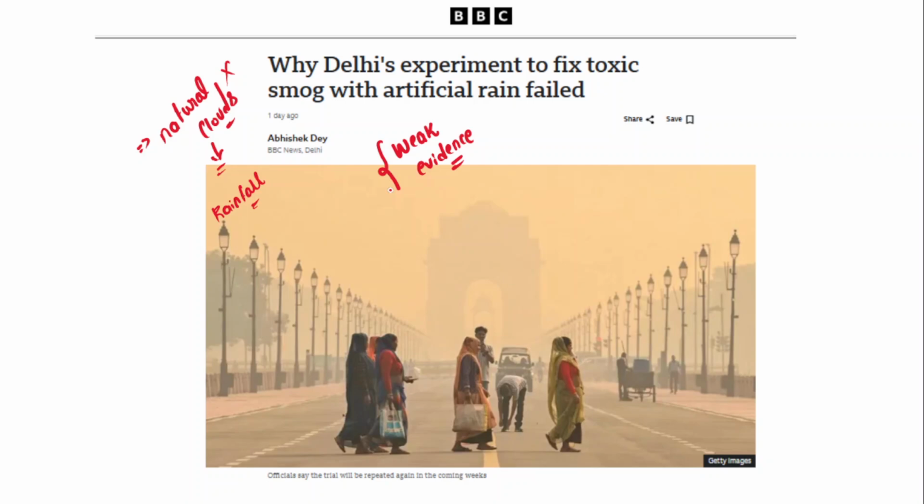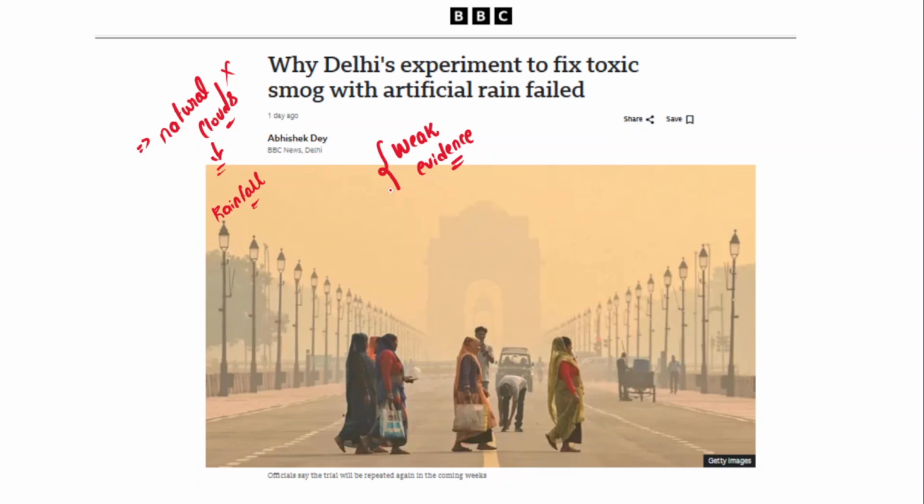Experts also worry that a significant accumulation of these silver iodide salts in the clouds or in the soil after the artificial rain will be harmful for the ecosystem, because you are releasing chemical compounds into the atmosphere to trigger the rainfall.